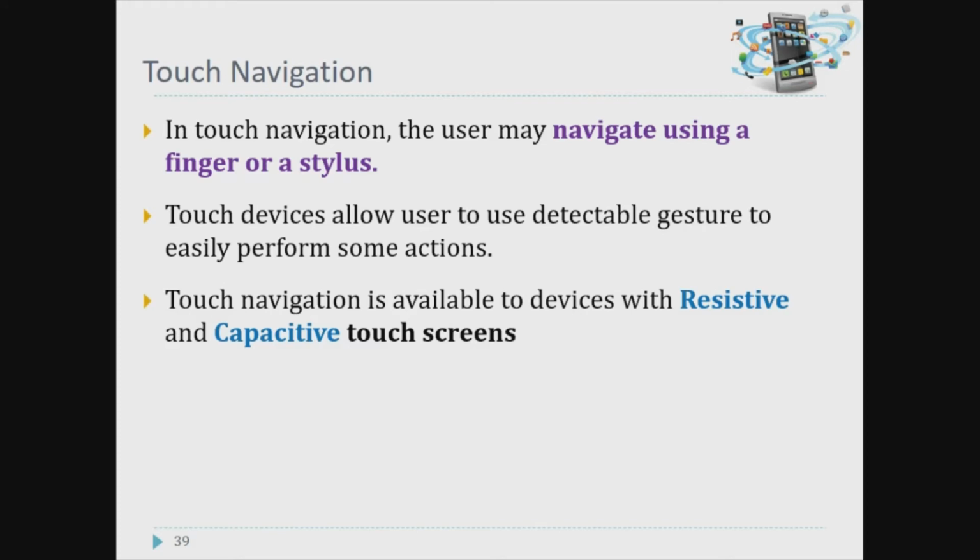Touch navigation is available on devices with resistive and capacitive touch screens. So we have two types of touch screen. One is resistive, which uses pressure, and the other is capacitive, which uses a sensor.